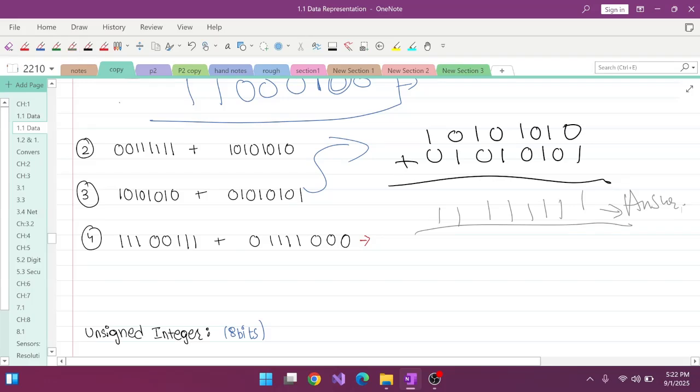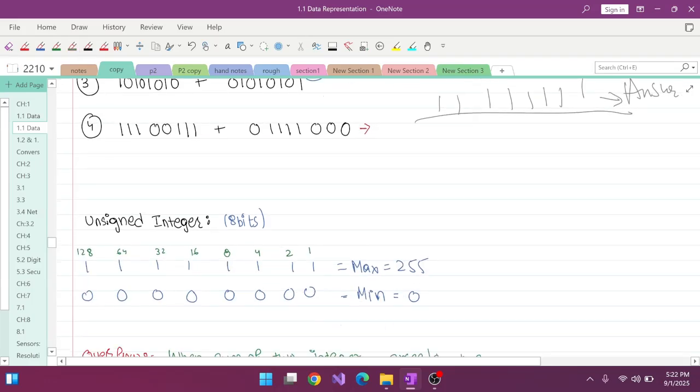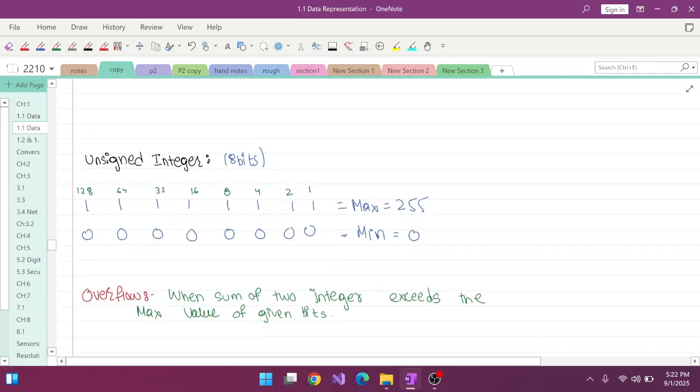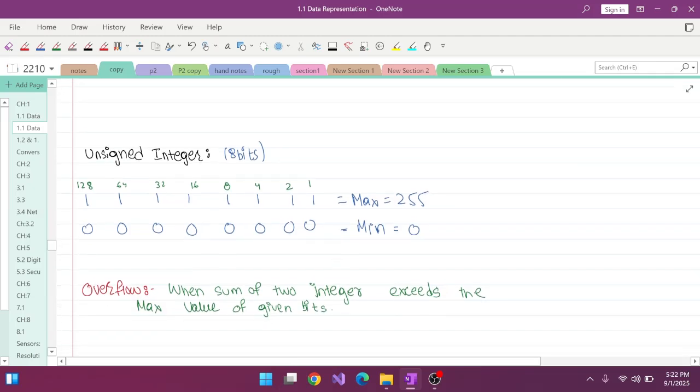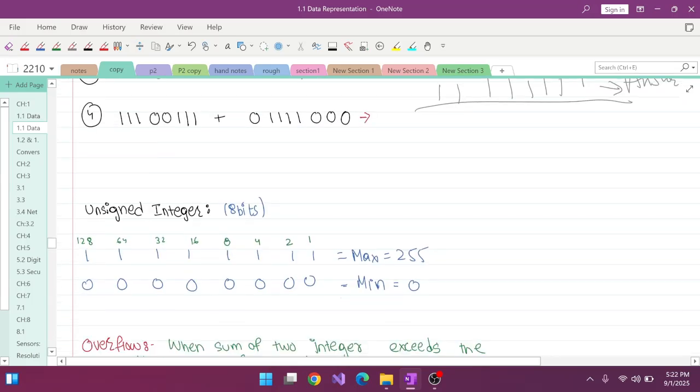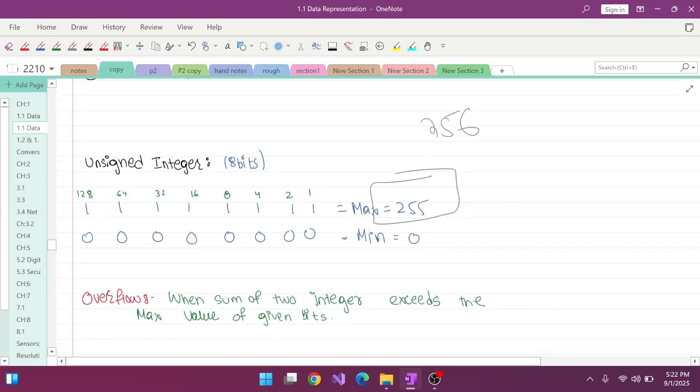Now we have the maximum number in this question. In binary number format with 8 bits we can represent 255, and the minimum is 0. Though 2 power 8 is 256, the maximum number we can represent is 255.